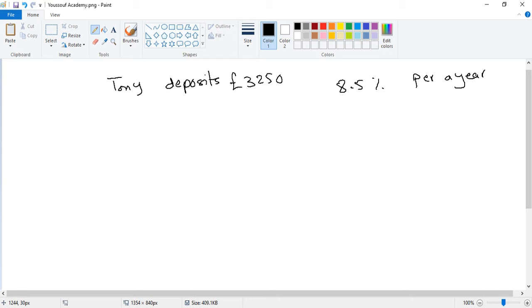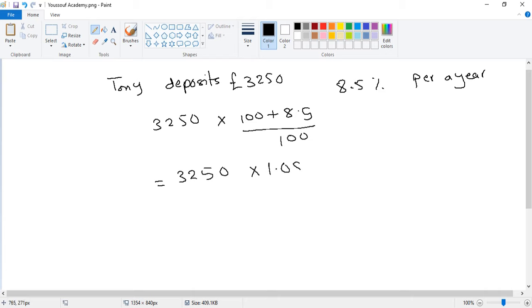Okay. In this case, we'll say 3,250 times (100 plus 8.5 over 100). Just for the end of the year, that's equal to 3,250 times 1.085.